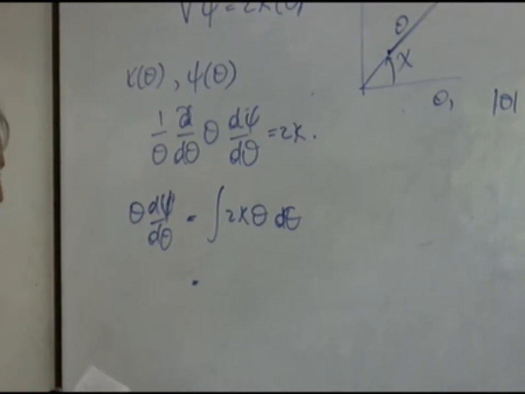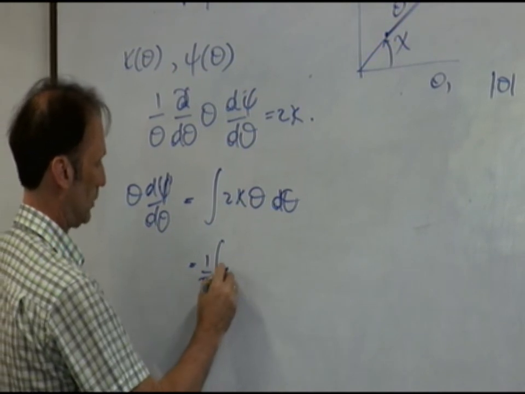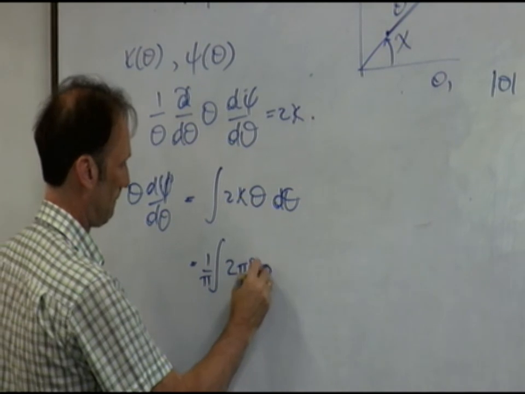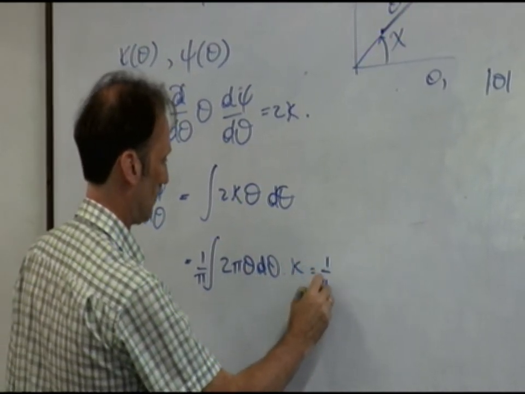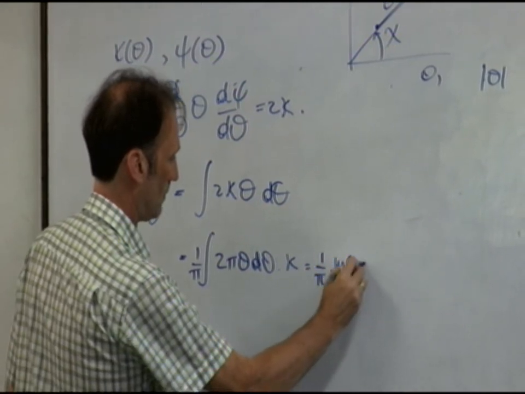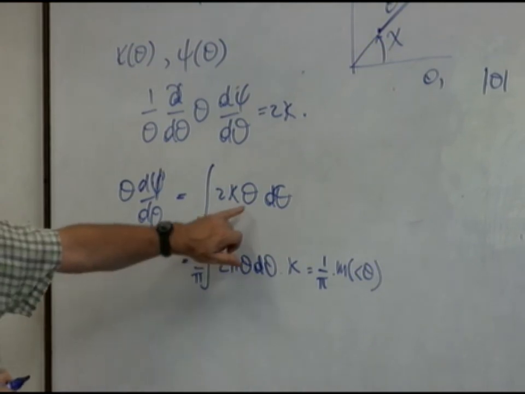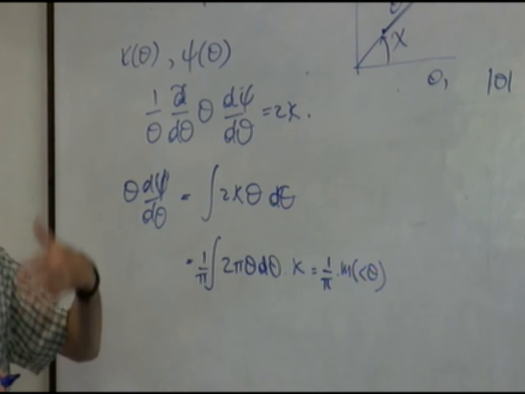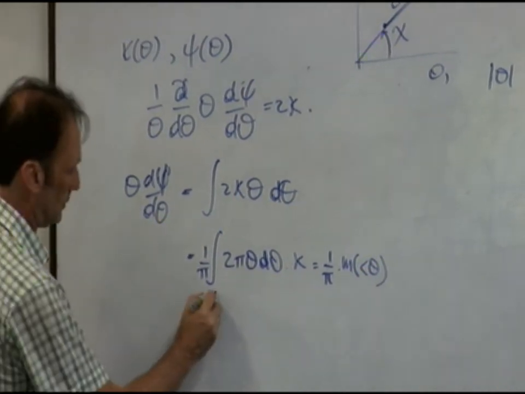Let me write it down first and then explain it. This expression, kappa theta integrated, is really just the total integral of the surface mass density within the circle of radius theta.